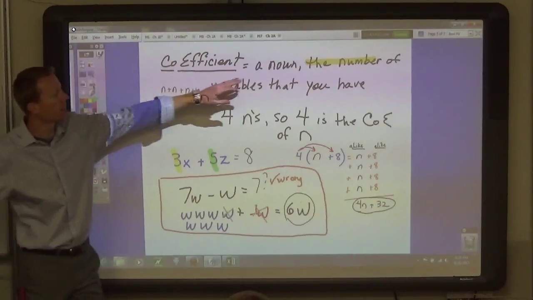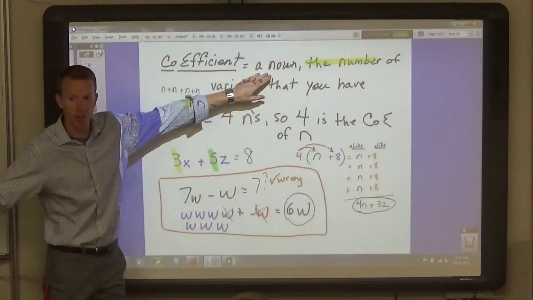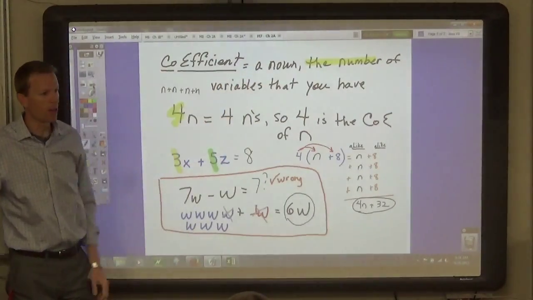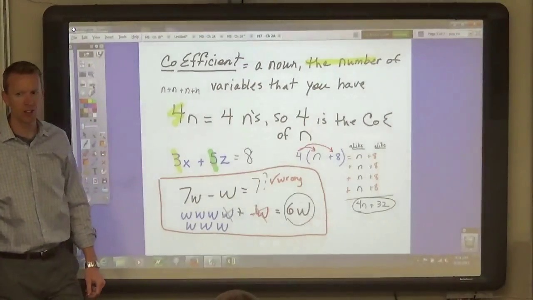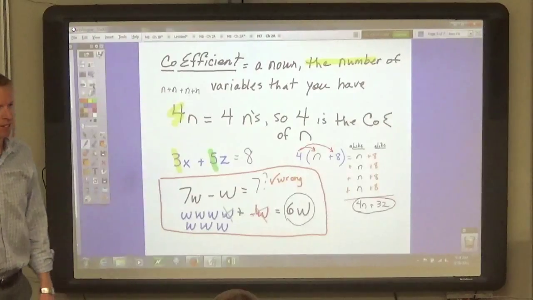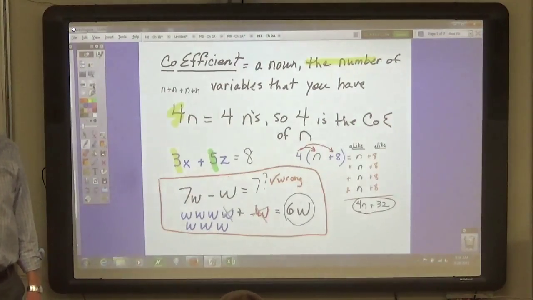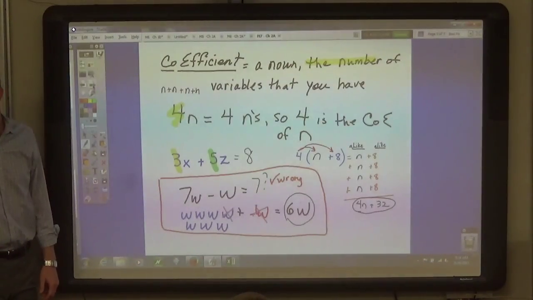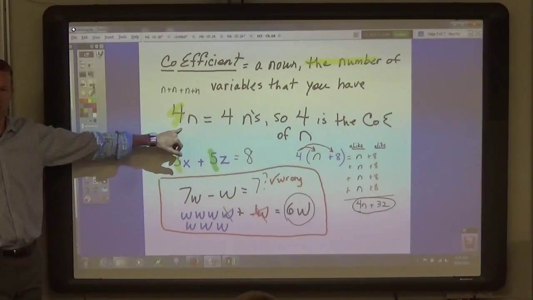The coefficient is a noun. Okay? It's a number. It's the number of variables that you have. It's a noun. So I want you to understand. It's a thing. Yep. It's a coefficient. This number right here in front of the variable is the coefficient of n.